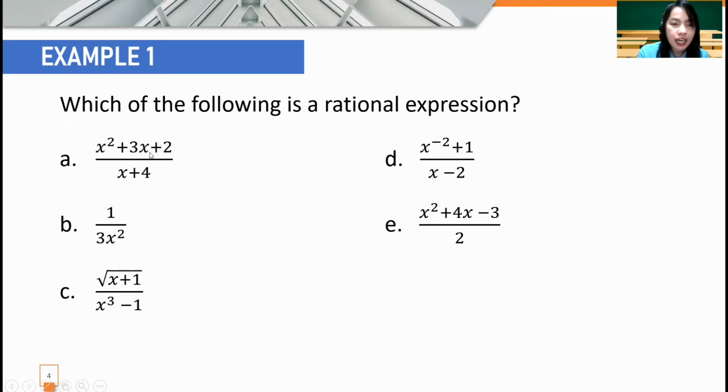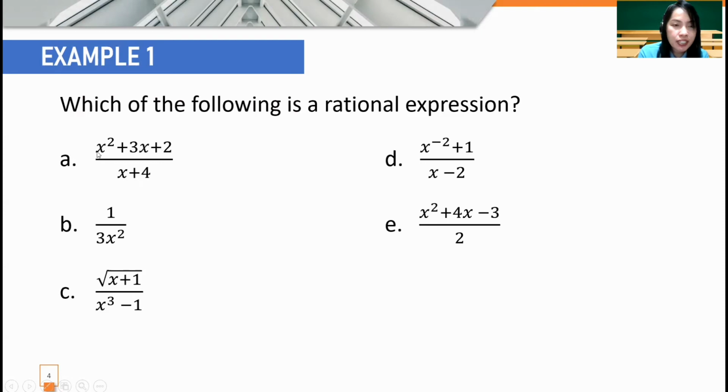Isa-isahin natin sa numerator. Sabi sa polynomial na ito ay mga constant or constant na may katabing variable na ang dapat na exponent ng variable ay positive integer. Lahat ba dito sa numerator, lahat ba ng exponent ng variable ay positive integer?